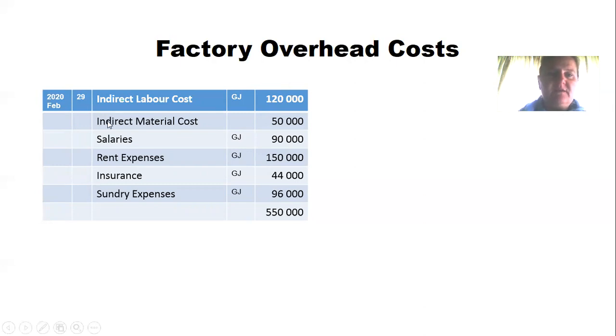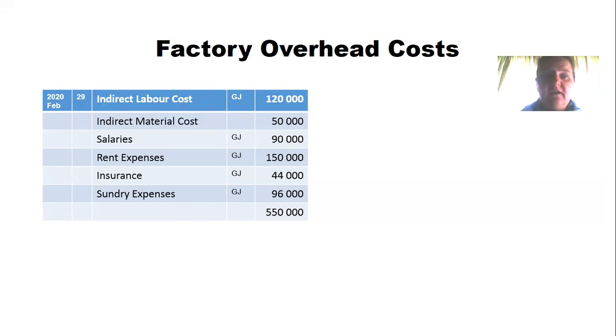The second expense that's always going to be there is indirect material. So we've got indirect labor and indirect material. Indirect material would be the cleaning material that the people are going to use, the polish, anything that cannot be attributed directly or measured directly to a specific product.